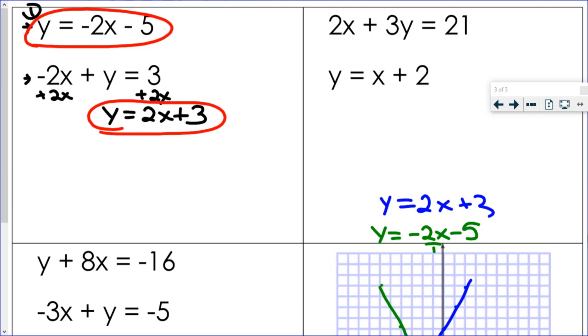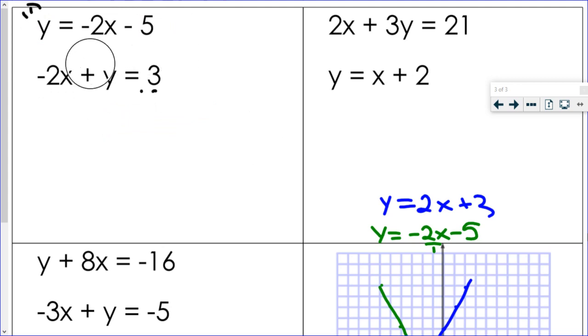So that would be a good one to solve by graphing. Do you see I could do that number one at the top by graphing? Just an example. But again, if I say by graphing, you have to show me the slope-intercept form and then the graph. Another way to do this one could have been substitution. Remember, that's when you put parentheses around, and instead of a y, you put what y equals.